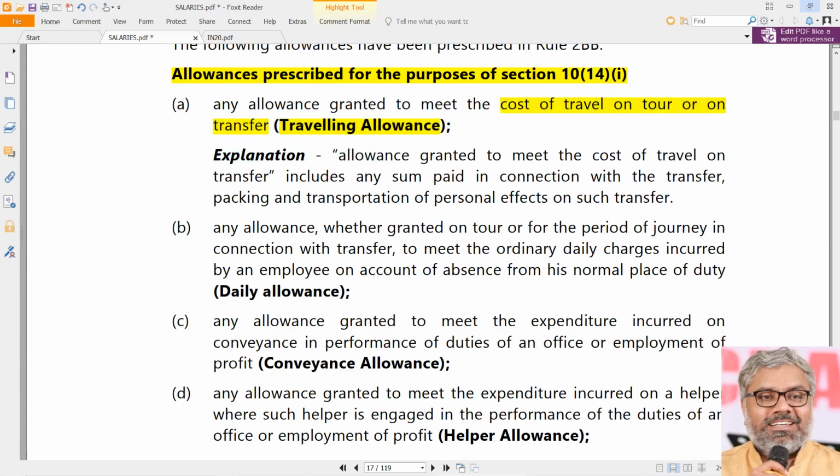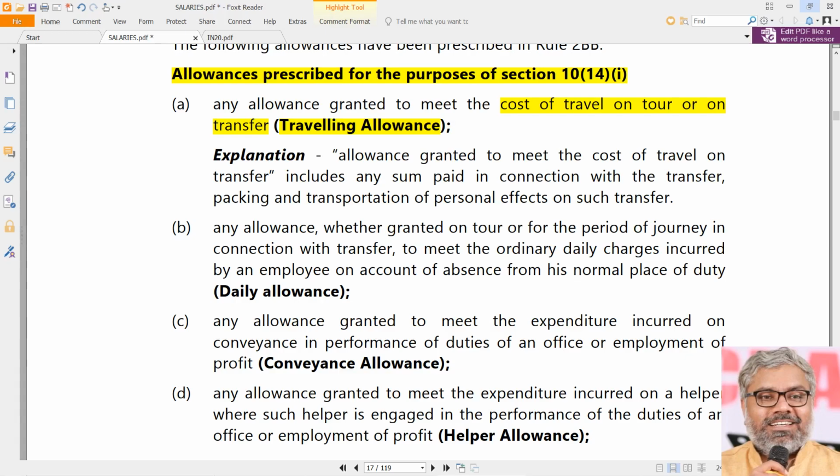So tour, why is he going? Employee is not going on a personal tour. He's not taking his family and going for a vacation. No, that is not what we are talking here. We are talking about tour means tour on official duties. Transfer naturally happens when a person is transferred from one city to another city. That will cost him.